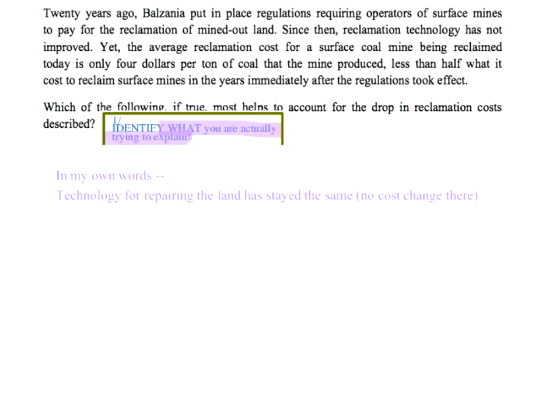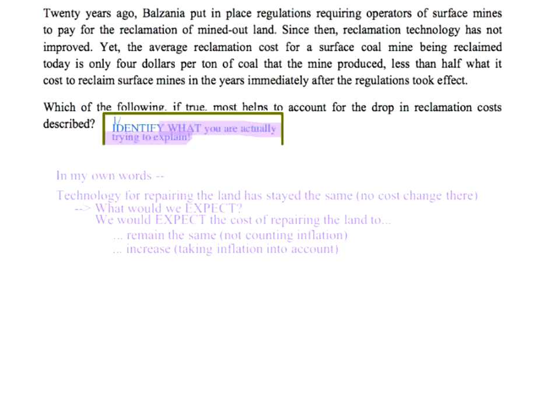So therefore, what would we expect? We would expect the cost of repairing the land, everything else equal, to either remain the same, not counting inflation, or in fact, if you do take inflation into account, to increase.